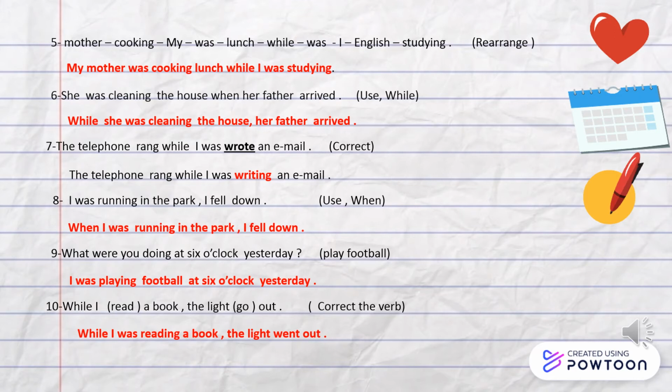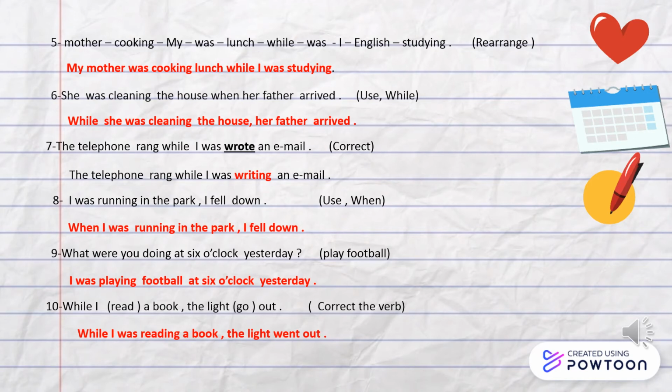The first one, my mother was cooking lunch. The second one, I was studying. Why? We use while here because we have two sentences, two verbs that happen in the past, but the subject of each sentence is different. The first one is my mother, the second one is I. These are two verbs that happen in the past.